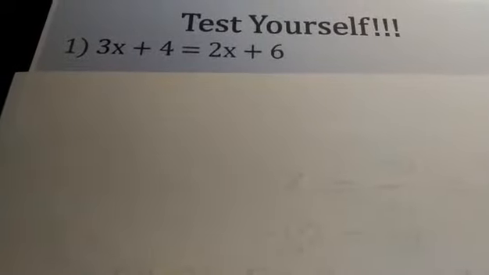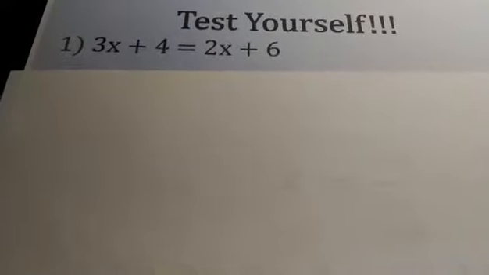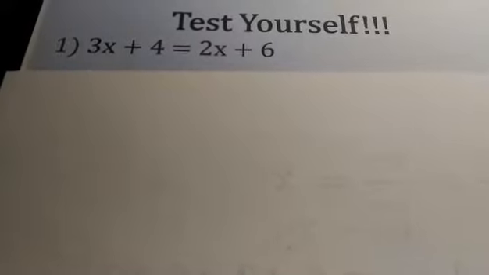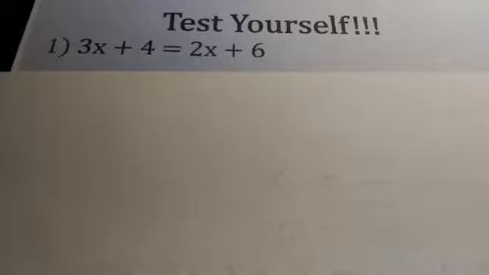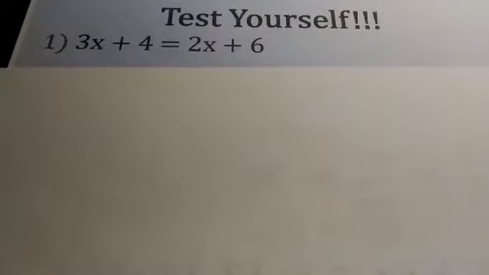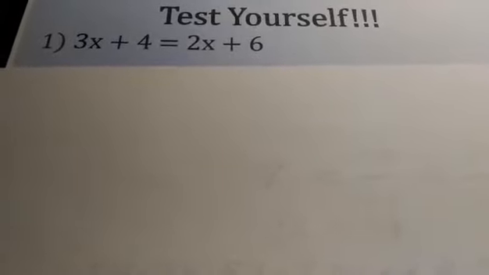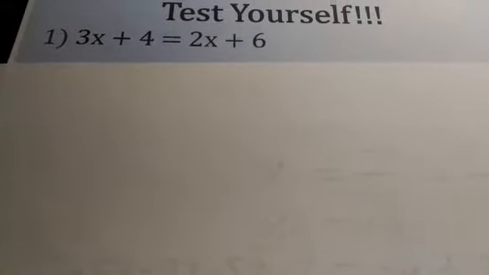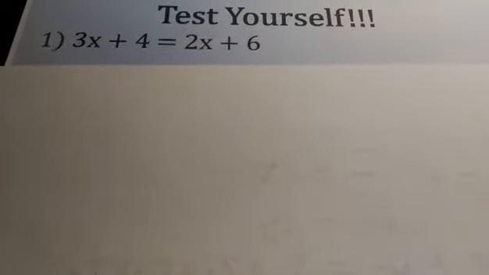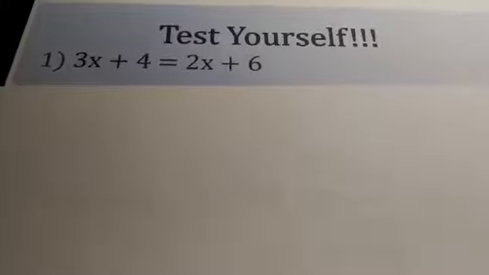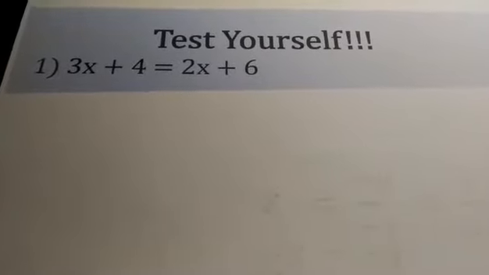All you need to do is determine the values of a, b, c, and d, where in this equation, your a is 3, your b is 4, your c is 2, and your d is 6. As you go along with the equation, the answer should be x is equal to 2.